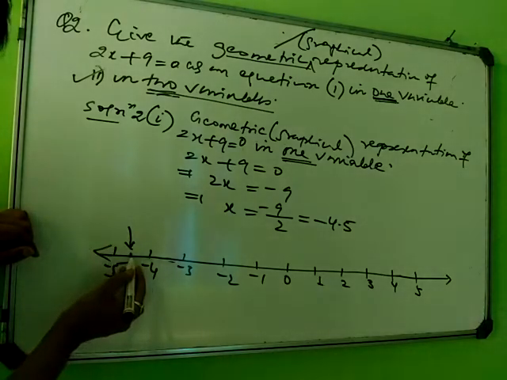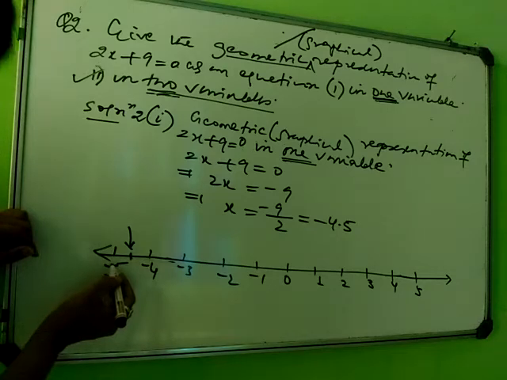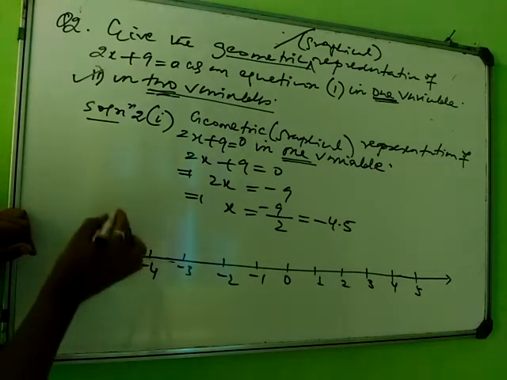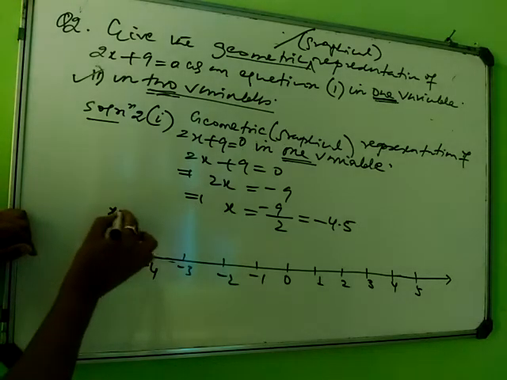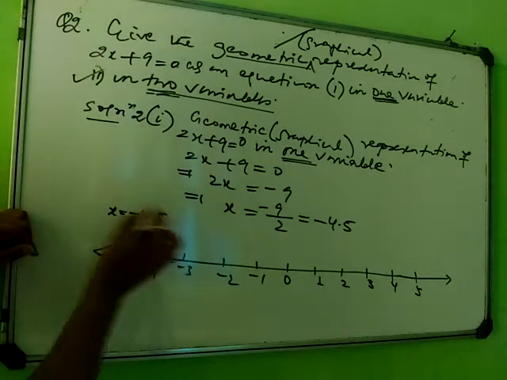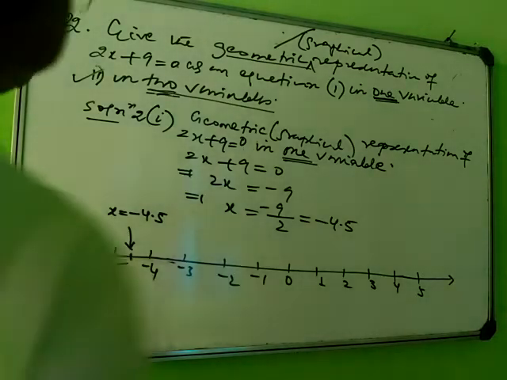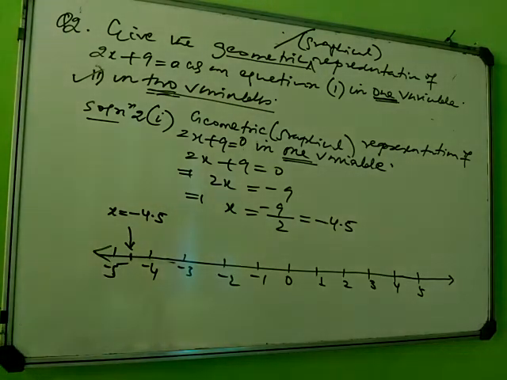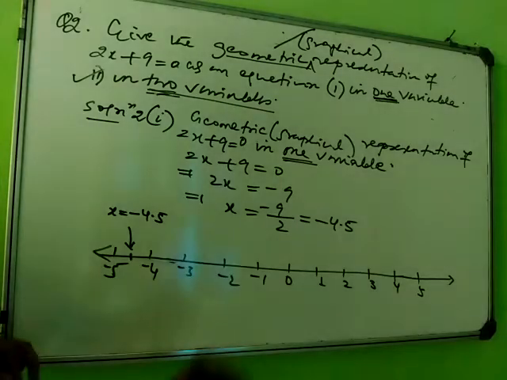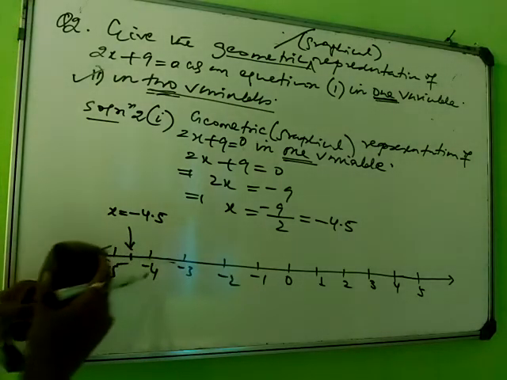The exact midpoint of minus 4 and minus 5 will be minus 4.5. This is your answer. Then coming to the two variables.